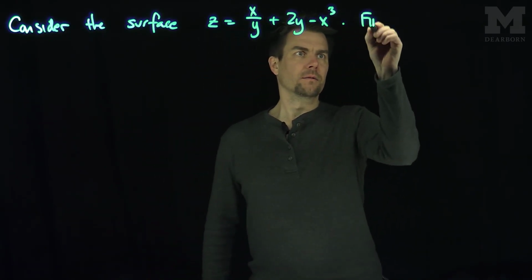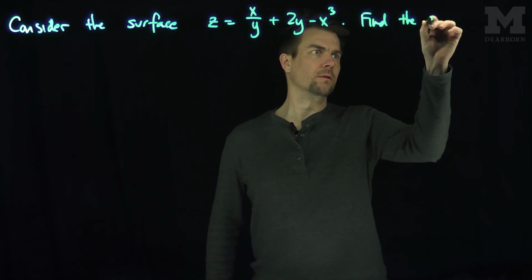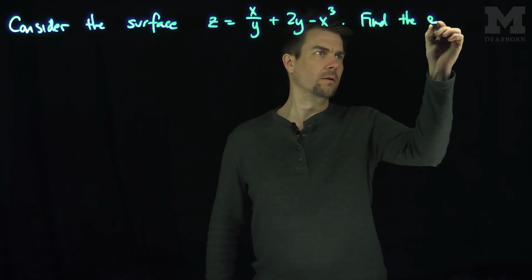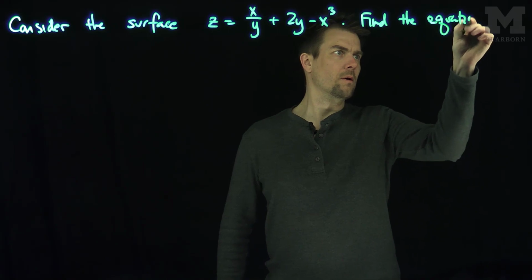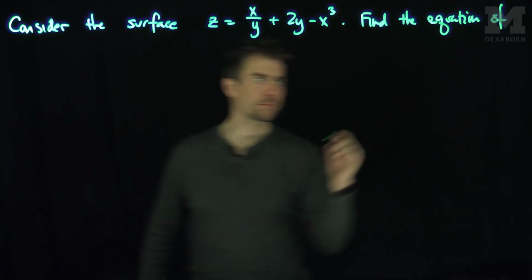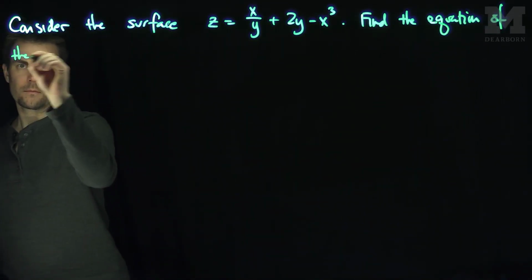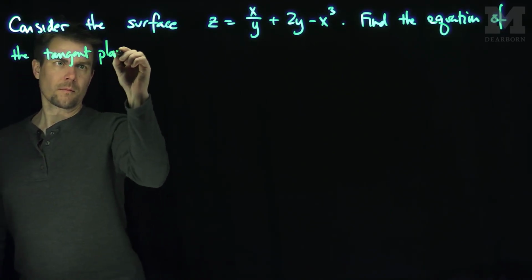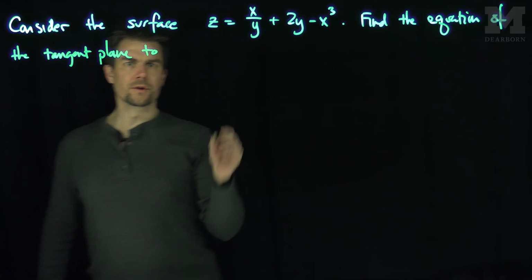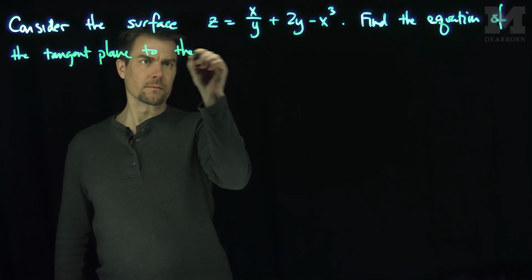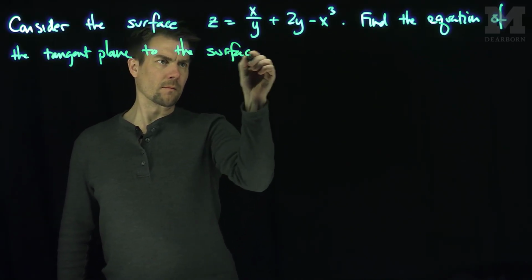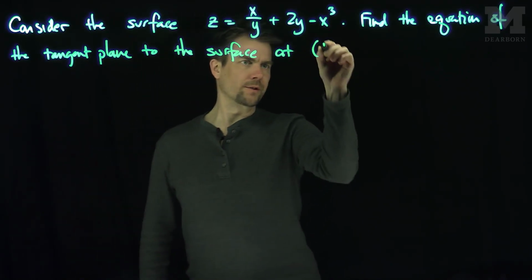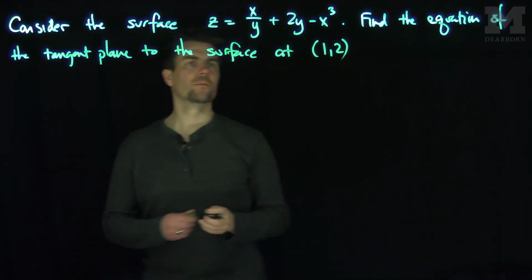Let's find the equation of the tangent plane to the surface at the point (1, 2).